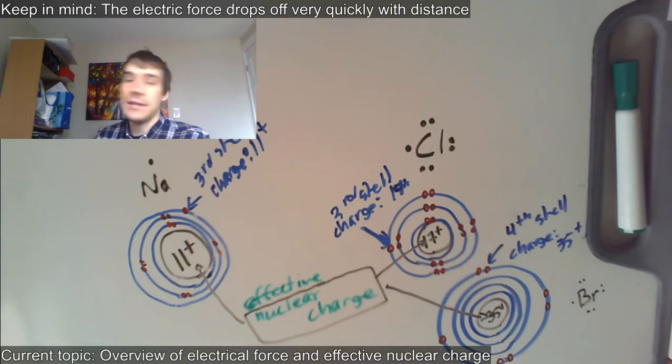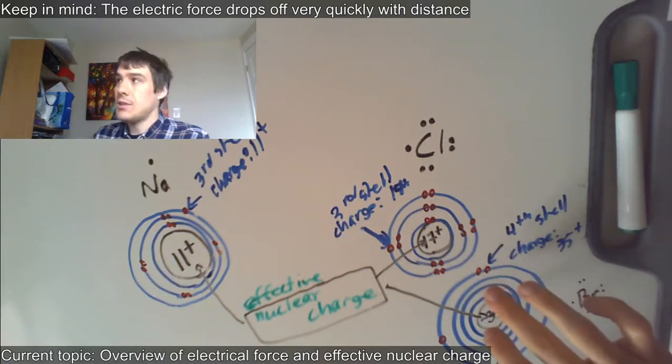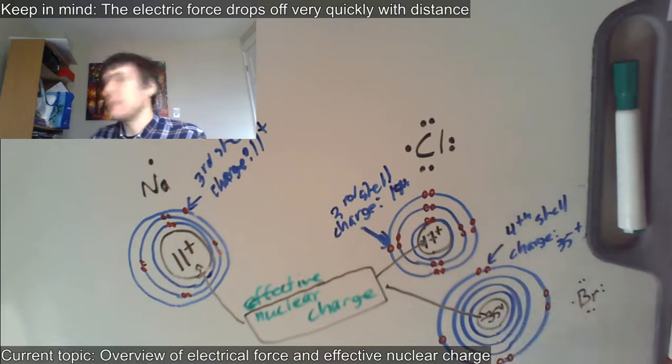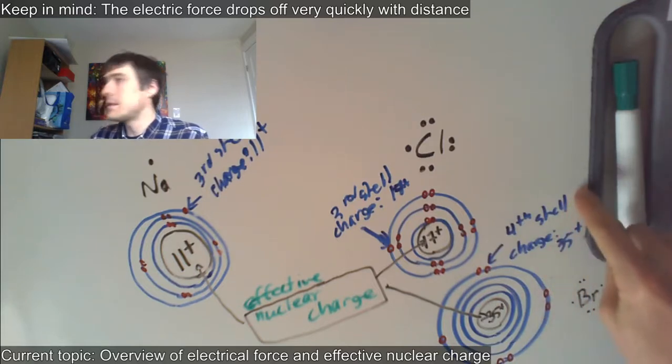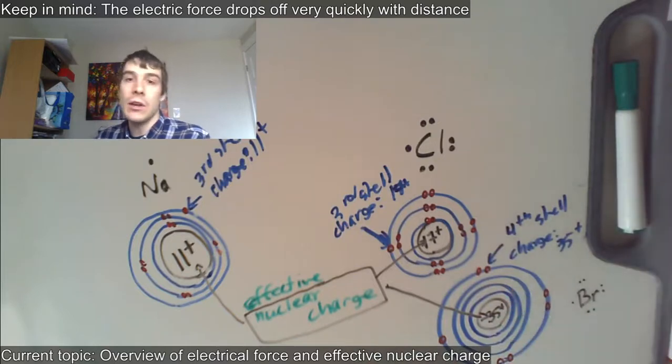And as it happens in elements, the distance of the next shell is markedly further than the previous shell. And the distance is more important than the amount of charge. So because distance is more important, the fact that this is in the fourth shell means that the effective nuclear charge is actually lower for bromine.